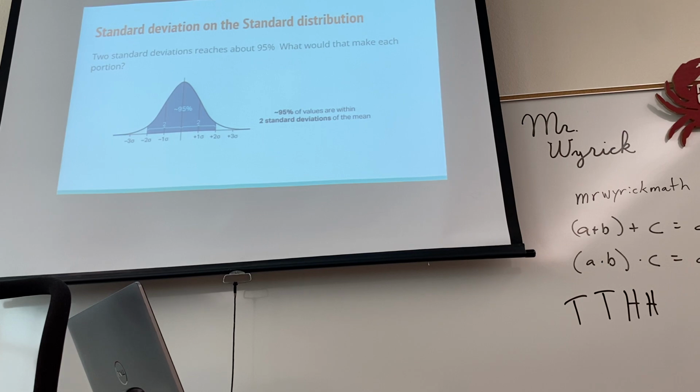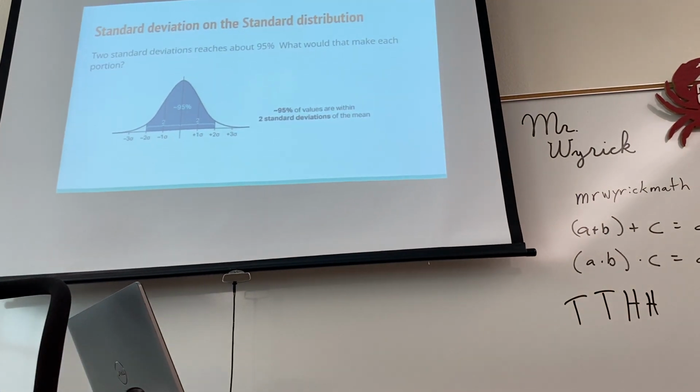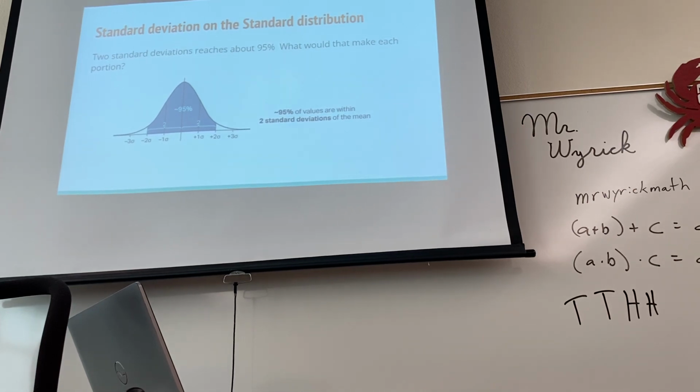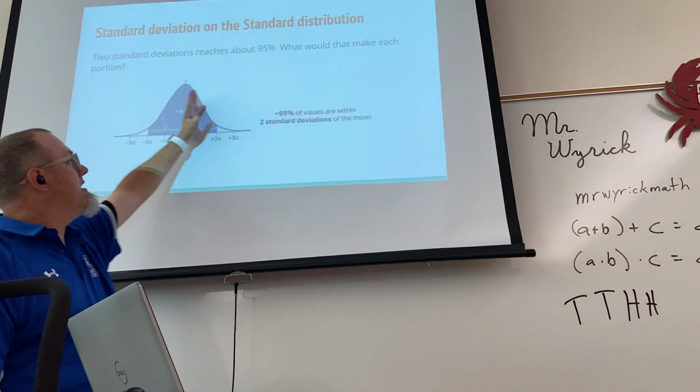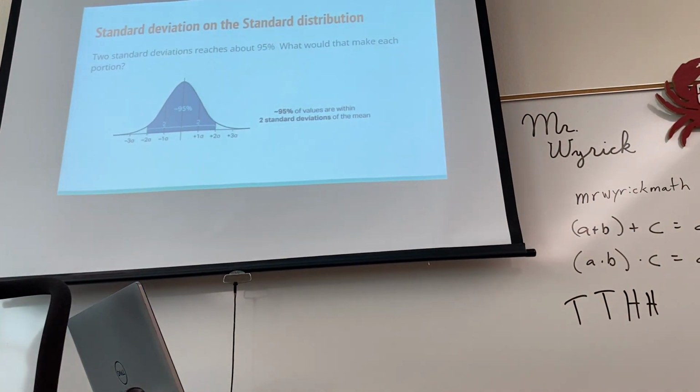If you think of this school, and we have like 2,000 people, this would be 1,900 people in the school that would fall within this range, within 2 standard deviations. If we're talking about almost anything, height, weight, IQ, whatever it is, we can find the mean, we can figure out what the standard deviation is going to be, and 95% of the school is going to be within 2 standard deviations, okay?